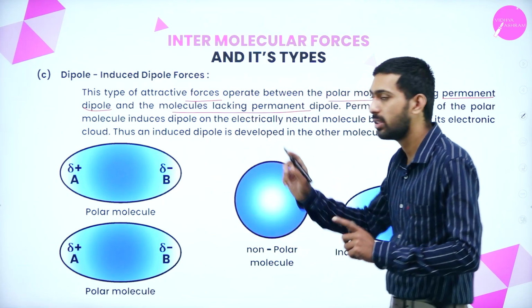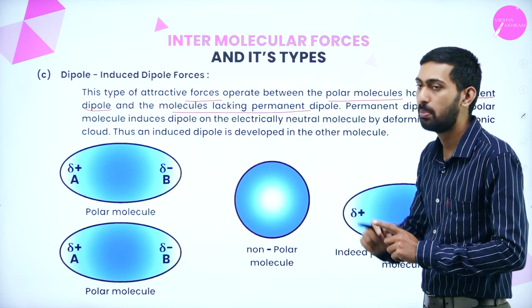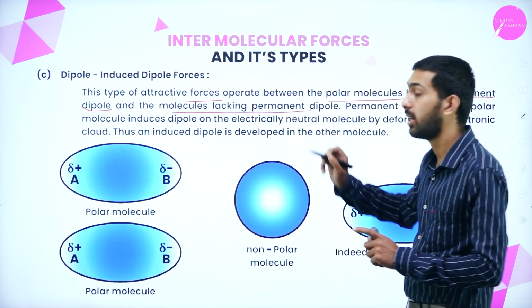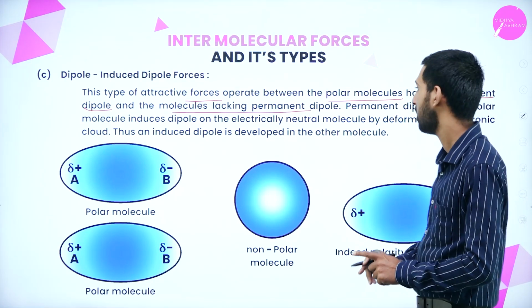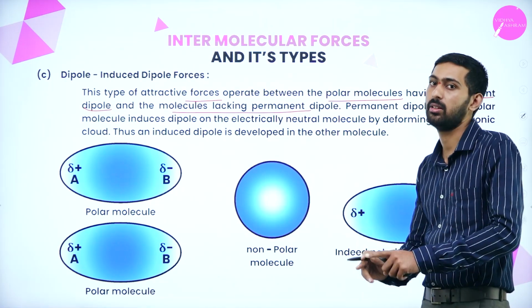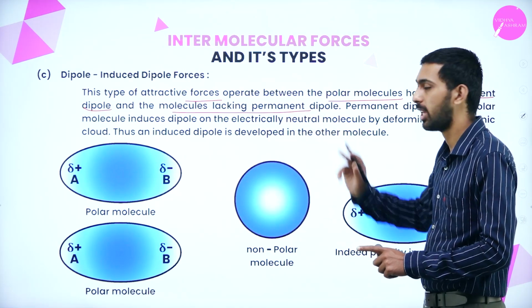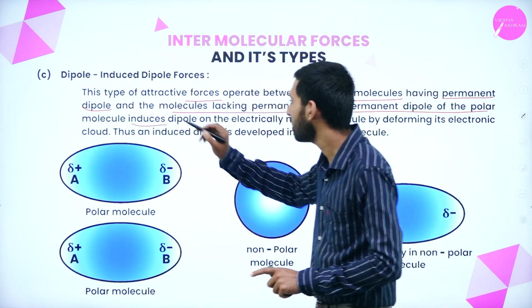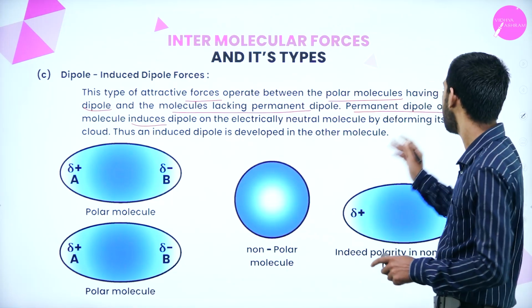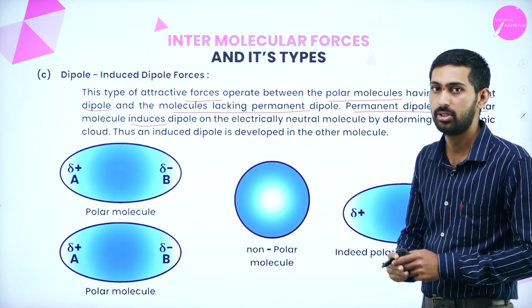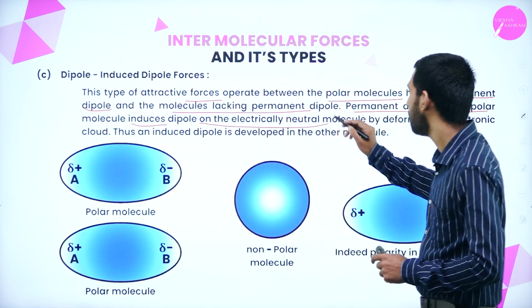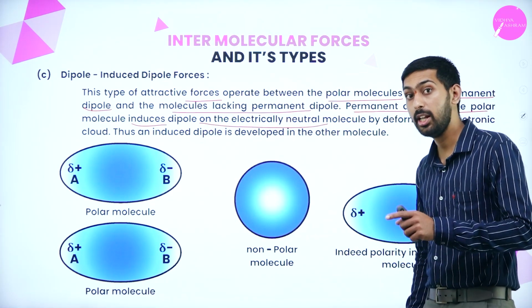First, one molecule should have a permanent dipole moment, and the other molecule should lack a permanent dipole moment. The permanent dipole of the polar molecule induces a dipole on the electrically neutral molecule.